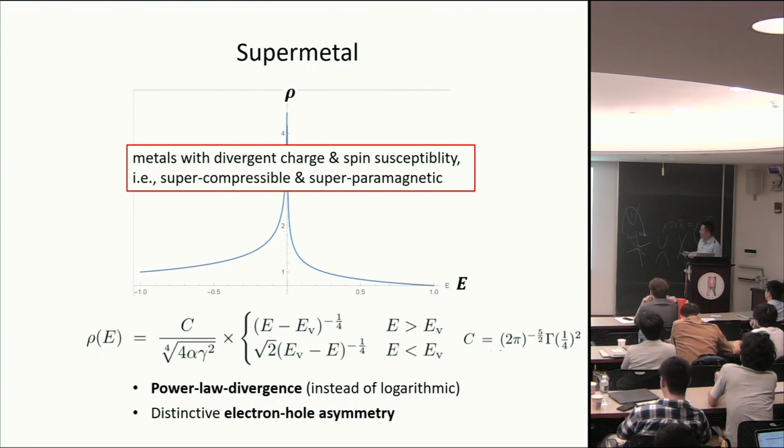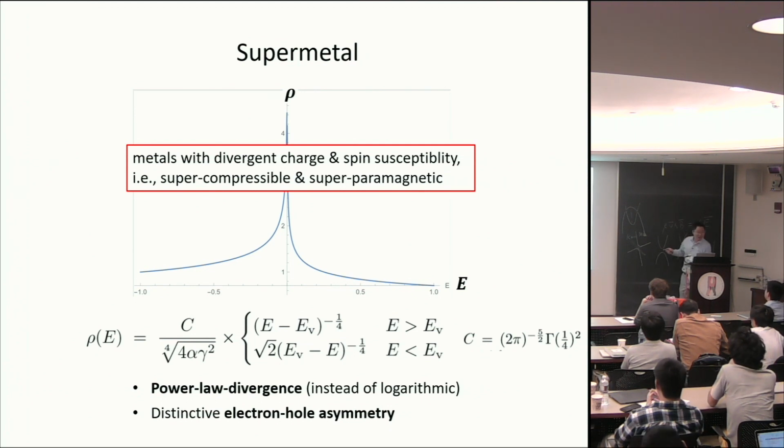Let me explain what I mean. Metals have a finite Fermi surface and finite density of states. A semimetal, like a Dirac semimetal, has a vanishing density of states; it's in between a metal and an insulator. Here, we have a situation with infinite density of states, so in that sense it can be called a supermetal.